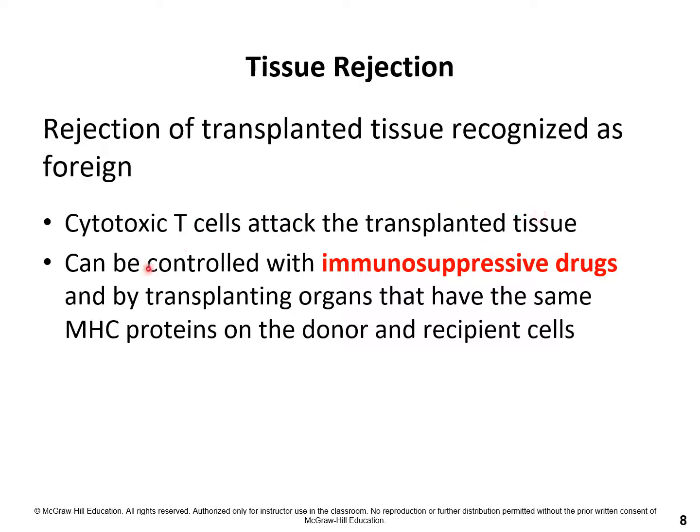This tissue rejection can be controlled by immunosuppressive drugs and by transplanting organs, of course, that have very similar or the same MHC proteins on the donor and recipients, which is why when people need transplants, they look to closely related relatives first before they look to non-family members or friends, because the MHC proteins on closely related people are more similar than people who are not related.